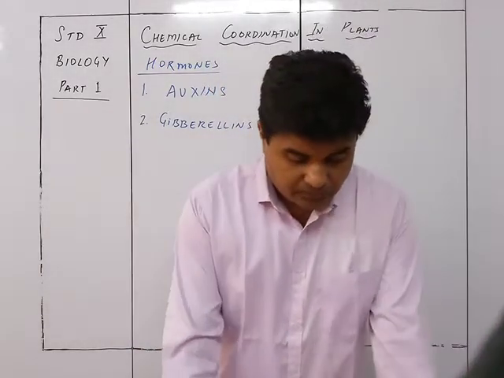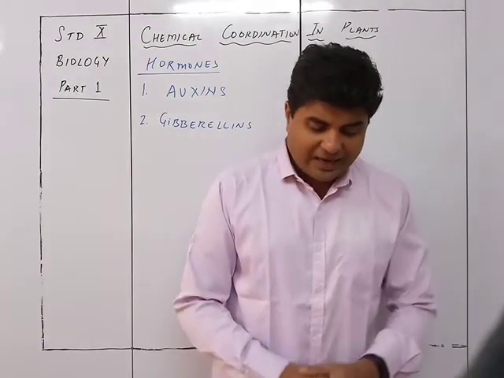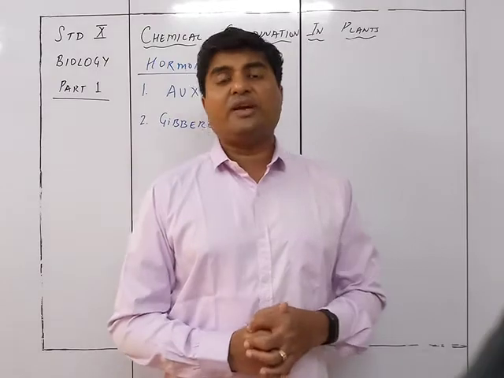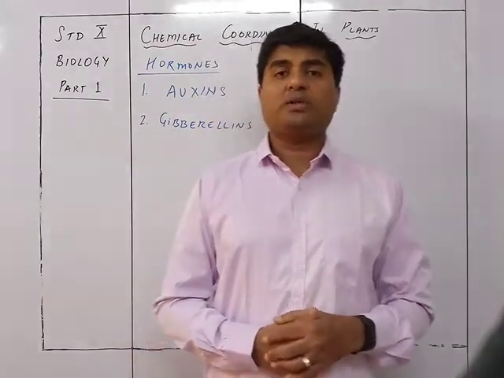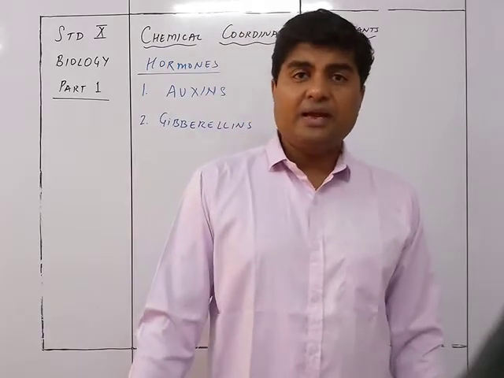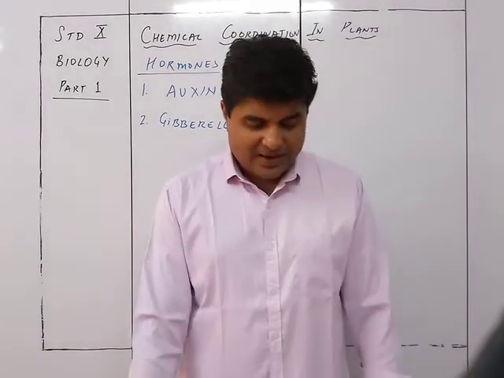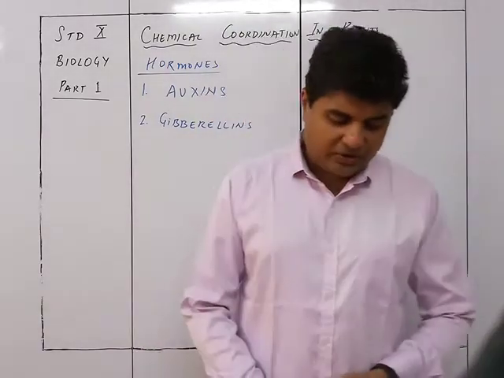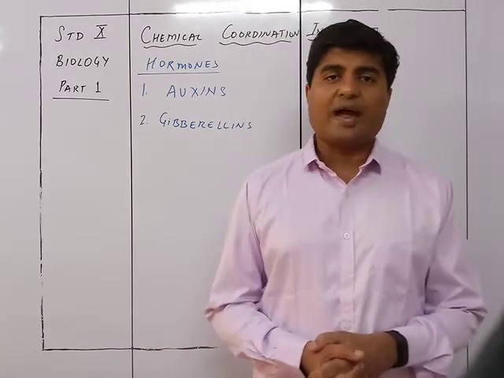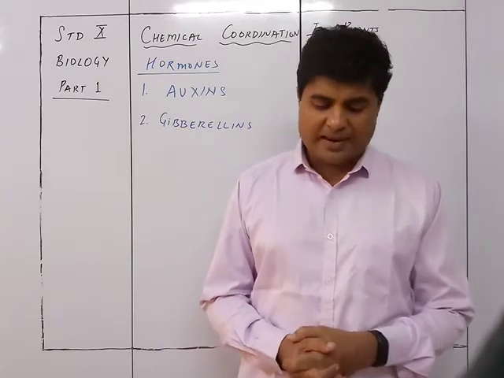They also delay senescence. Senescence is aging. If gibberellins are present, they delay the senescence of the plant, and like auxin, gibberellins are also capable of inducing parthenocarpy. So yeah, gibberellins can also produce parthenocarpy, same as auxins.